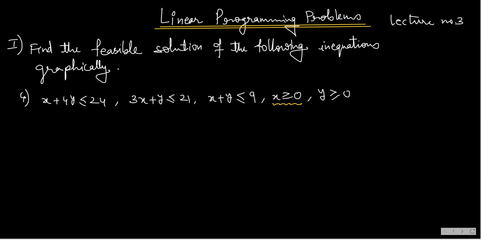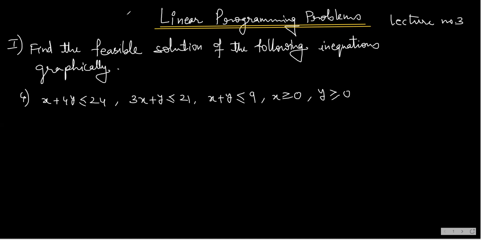This is known as a non-negative constraint. Also y should be 0 or greater than 0. So these two are non-negative constraints. So in total, we have 5 linear inequalities or 5 constraints, of which these two are non-negative constraints.